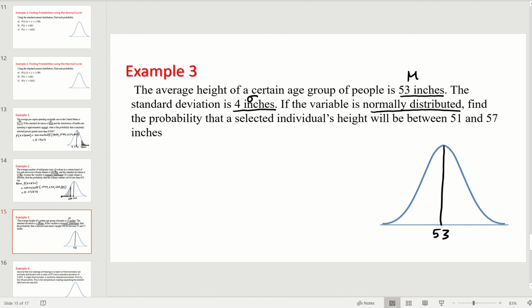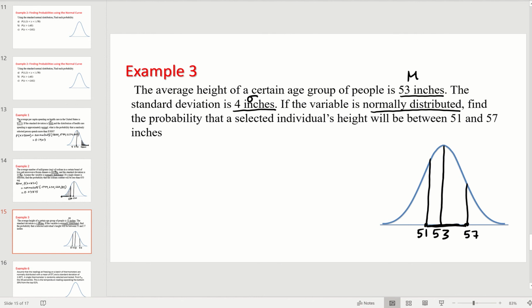Standard deviation 4. Now we have to find the probability that a randomly selected individual's height is between 51 and 57. 51 should be somewhere here. This is your 51. 57 should be somewhere here. So what is the probability that someone's height is between 51 and 57?